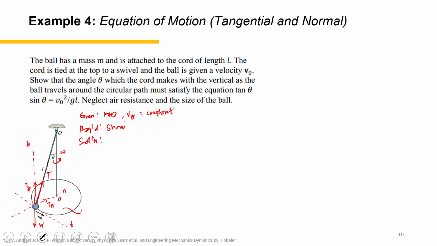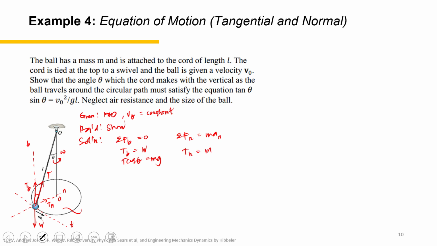So the solution is first we need the summation of forces along the binormal. That would be 0 because it is being balanced by the tension. So that would be Tb is equals to the weight, and our angle is here. That would be cosine. T cosine theta is equals to mg. Okay. So next, we need to go for the sum of forces along the normal, which is of course m a_n. And what are the forces? It's just Tn.